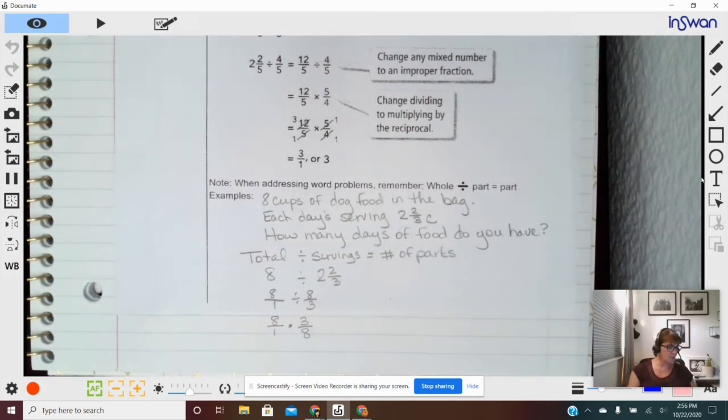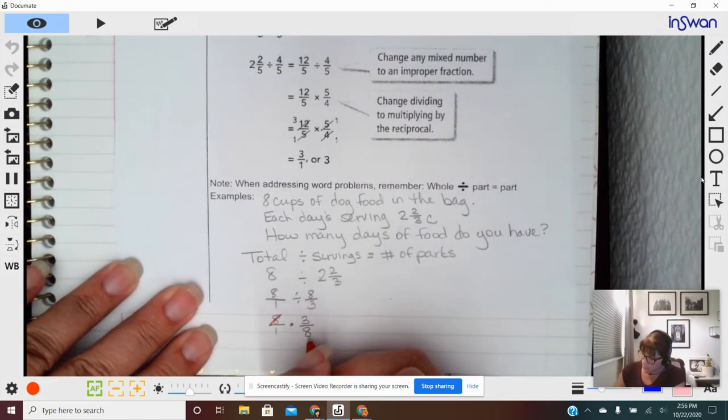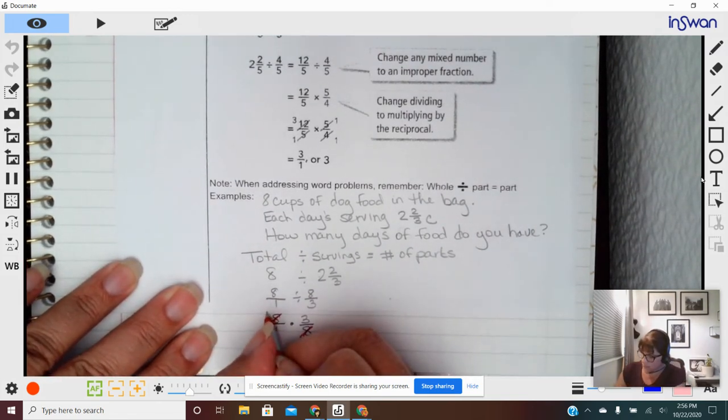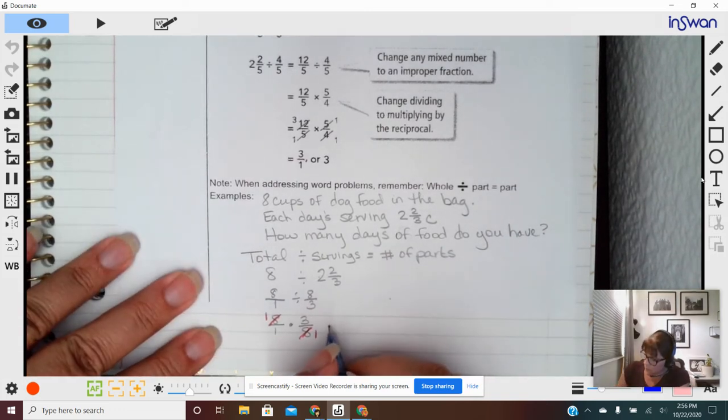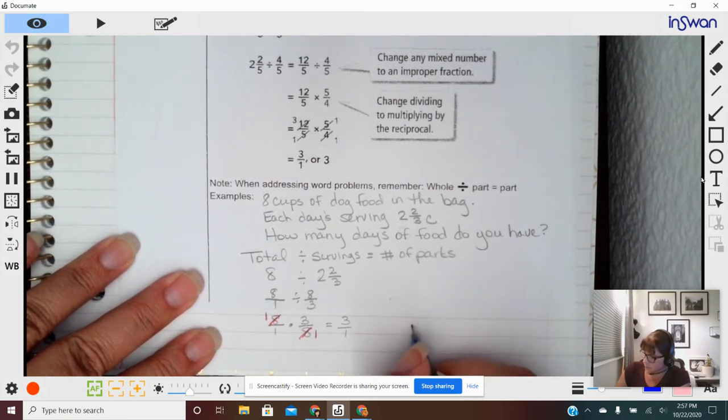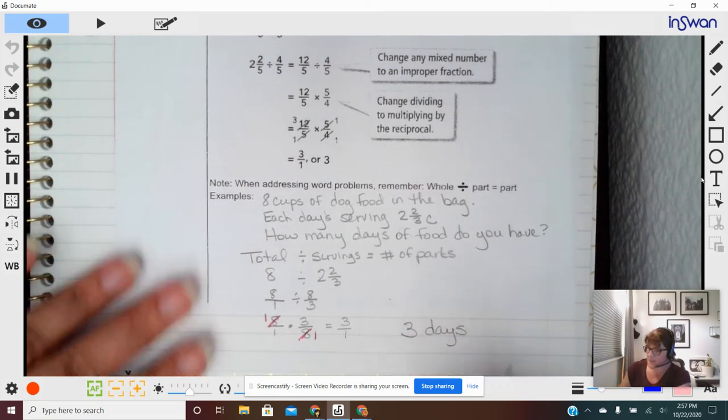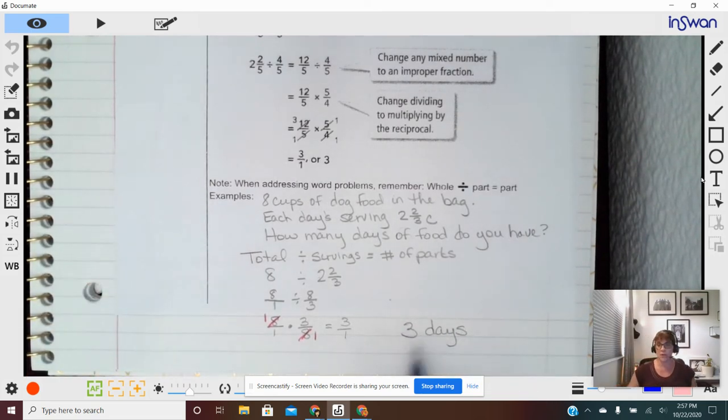Because we're multiplying by the reciprocal. Oh, 8 goes into 8 one time, and 8 goes into 8 one time. I love that. So that equals 3/1, 3 days. You have 3 days worth of food left for this dog.